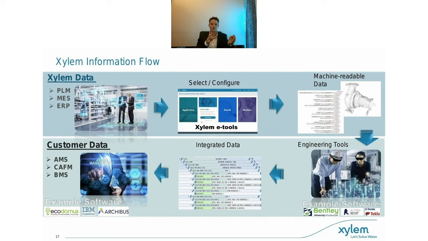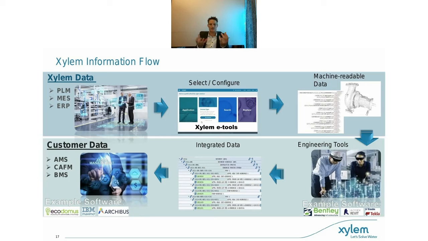And what we're actually doing there is we're pulling from Xylem's back-end data, and that could be the PLM, which is the Product Lifecycle Management Systems. It could be our manufacturing execution systems. It could be the enterprise resource planning systems and the associated databases that holds this gold, that single source of the truth.